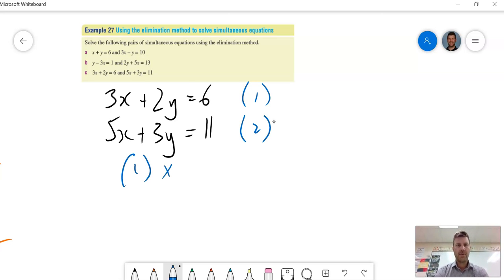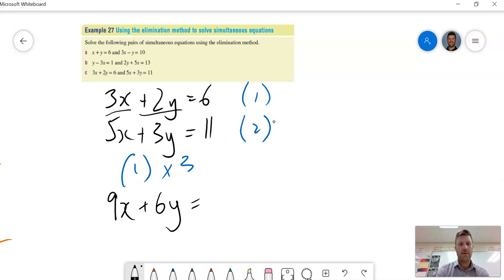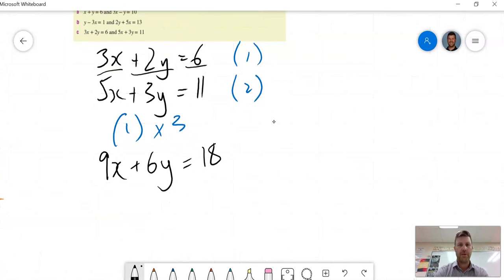by, say, 3. That's going to give me 3 times 3x is 9x, 3 times positive 2y is positive 6y, and 3 times 6 is 18. You might see where I'm going with this. This is now equation 3.